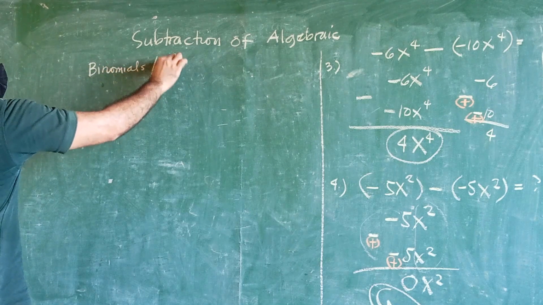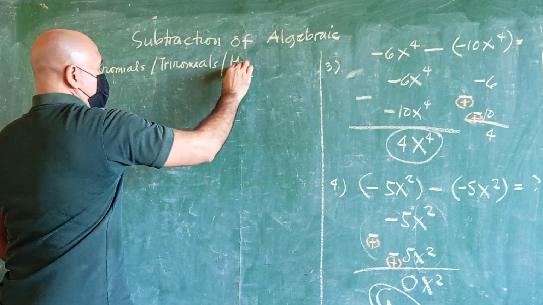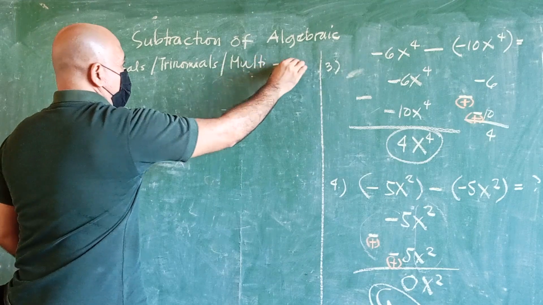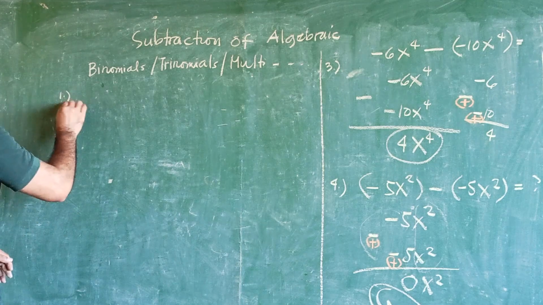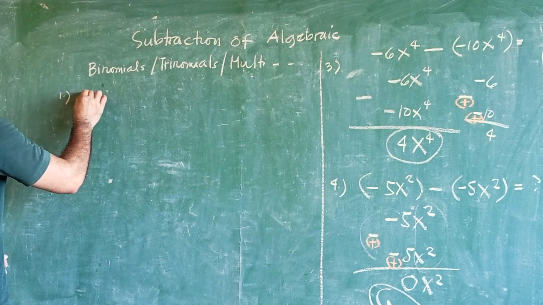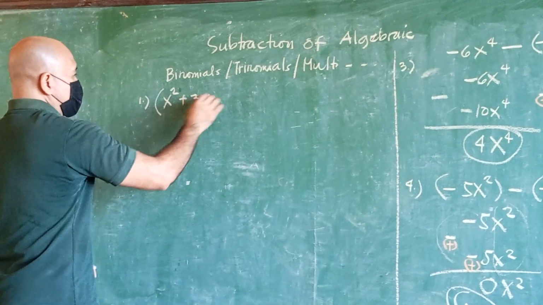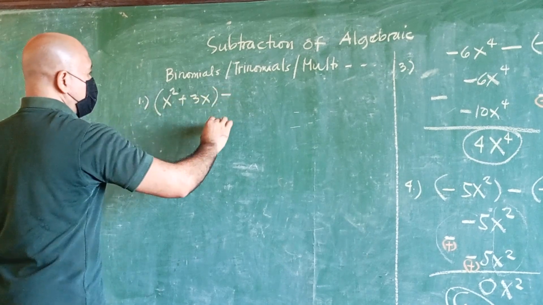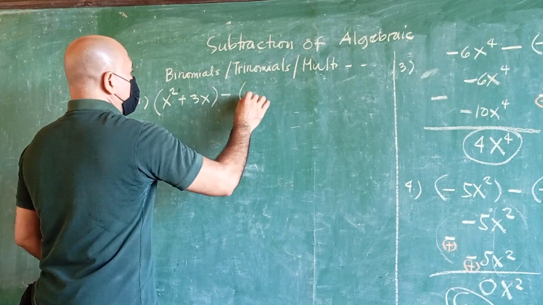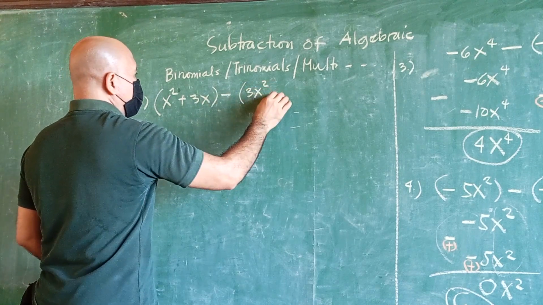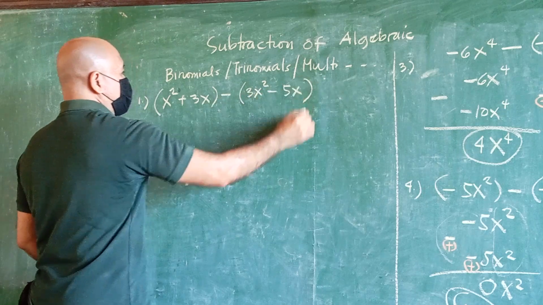Okay, so for the binomials, for example, we have x squared plus 3x minus, shall we say, 3x squared minus 5x, for example.